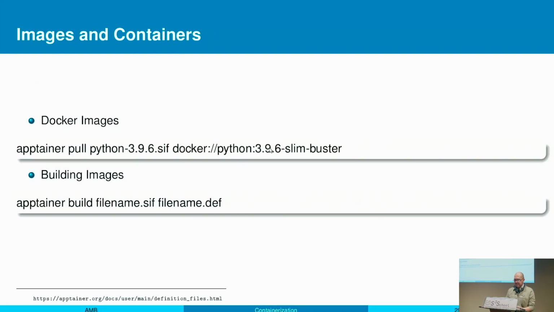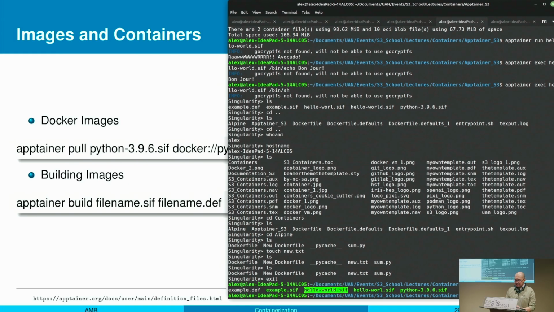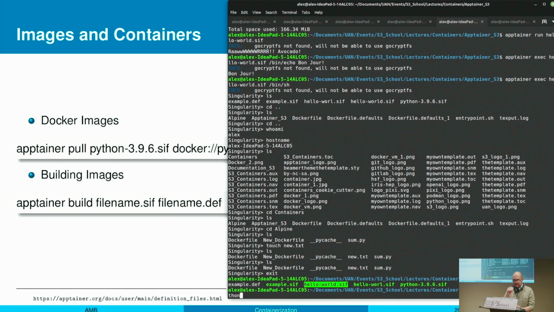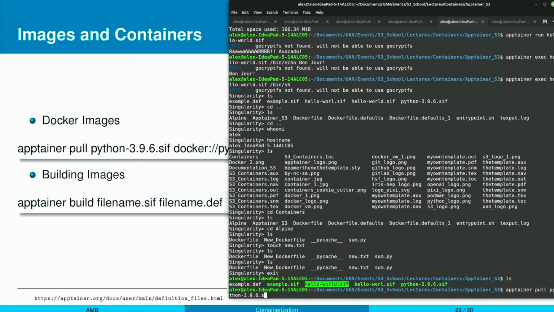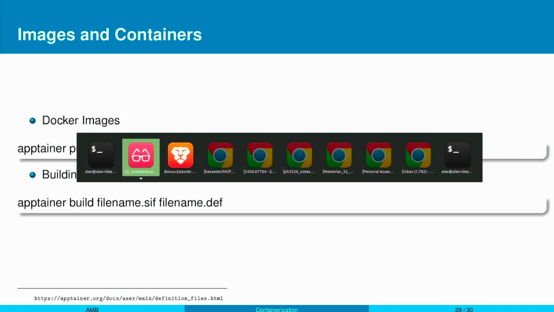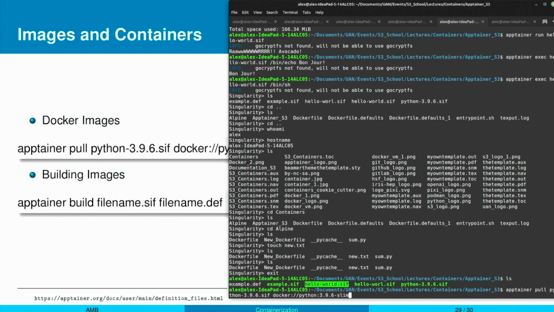Like in this case, we're going to pull this image. I'm going to see what happens. So it's apptainer pull python 3.9.6.sif docker, and this is where it is, docker, again the name of the image, and the tag 3.9.6 slim buster.